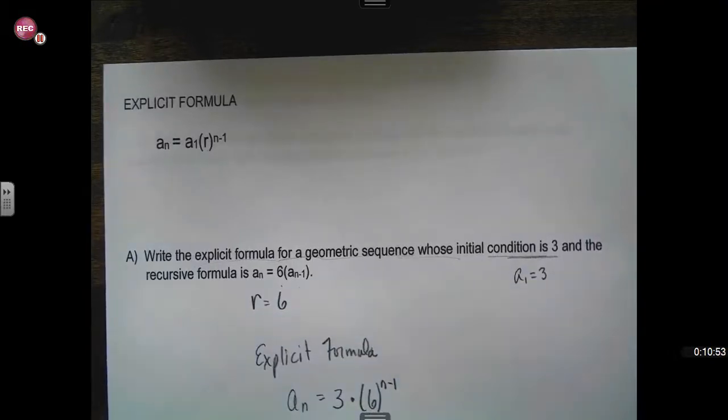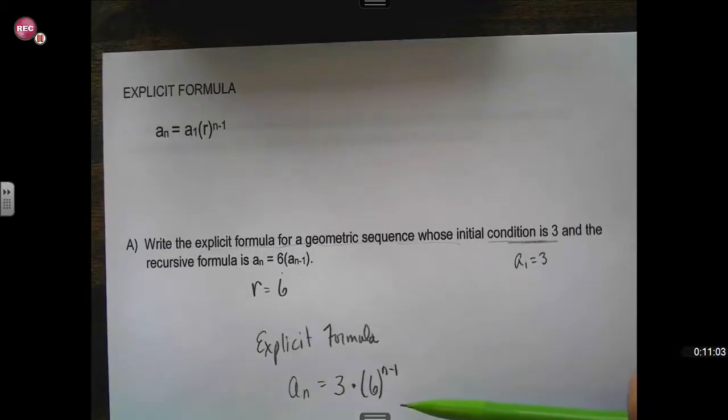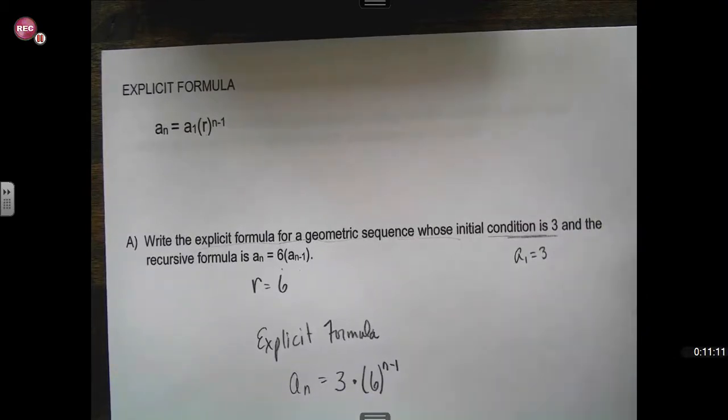And when we get into pre-calculus, we'll actually simplify that expression. I don't think they're going to ask you to simplify that in this class, but there's a way to simplify it, and we'll just leave it at that.